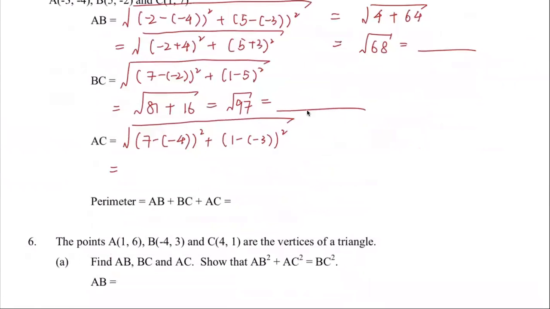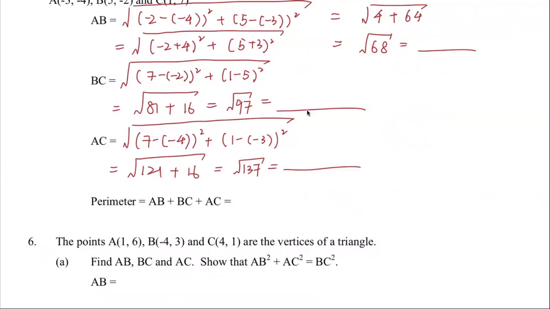So 7 minus 4, that's 7 plus 4, which is 11. 11 squared is 121. 121 plus 1 minus 3, that's 1 plus 3, which is equal to 4. 4 squared is 16. So the answer is 121 plus 16, which is 137. Square root of 137. Okay, you can find the number.